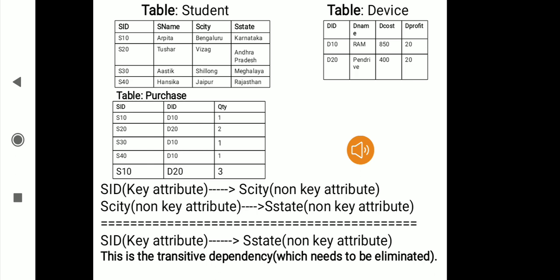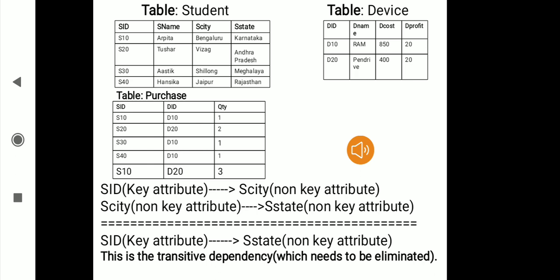As a result, SCT, a non-key attribute, determines another non-key attribute state in the same table student, and this is not acceptable. Let me tell you the reason why. Now just look at the columns SID and SCT in the table student.